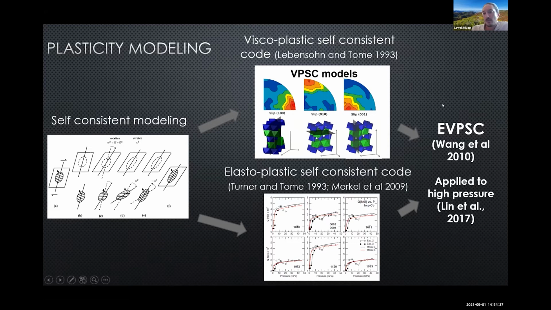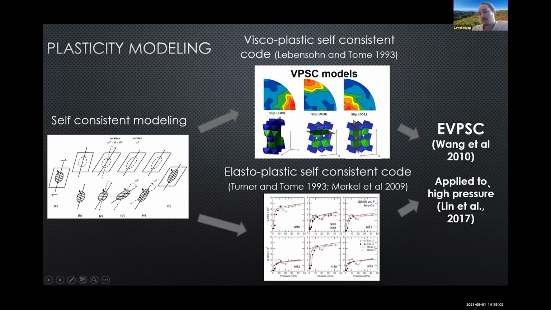So in 2010, Wang et al., who was a researcher at Los Alamos working with Carlos Tomé, formulated this elastoviscoplastic self-consistent code, which is a fully integrated code using basically both of these approaches simultaneously. So it's fully rate sensitive, it tracks elasticity and plasticity.